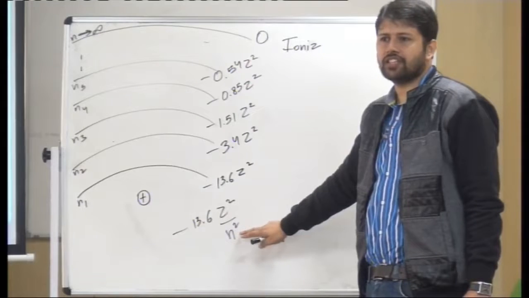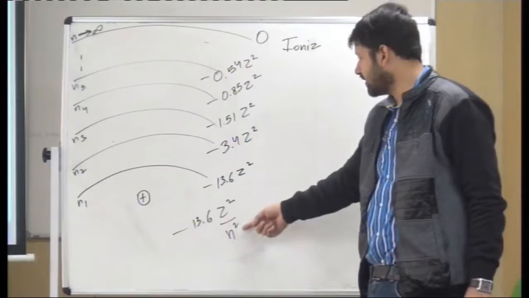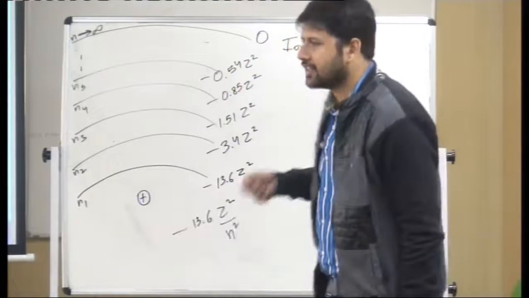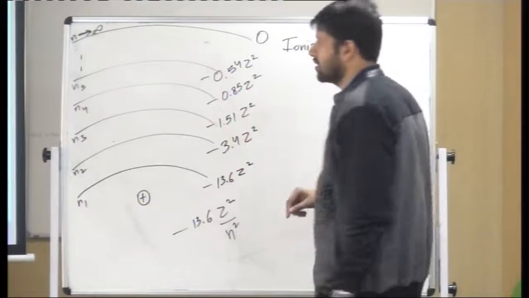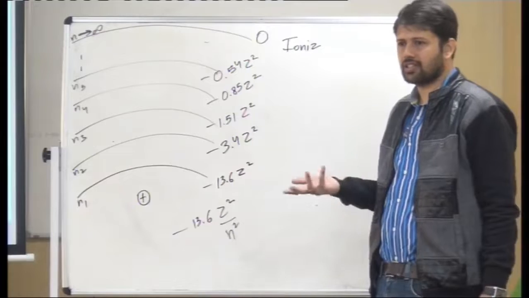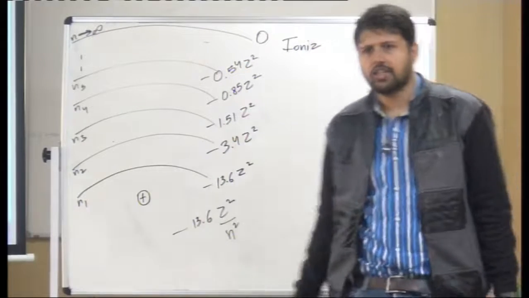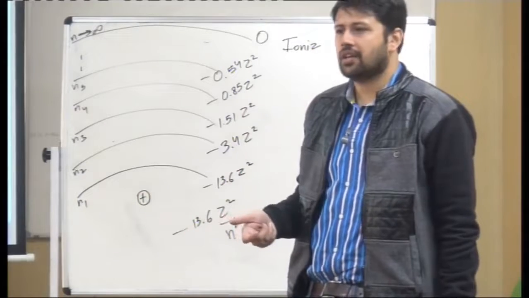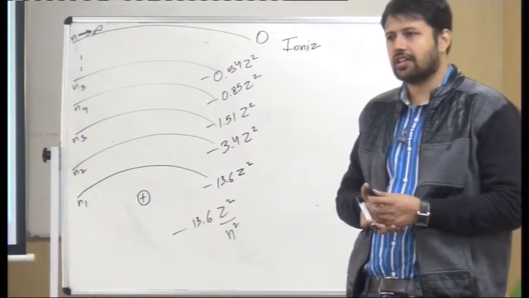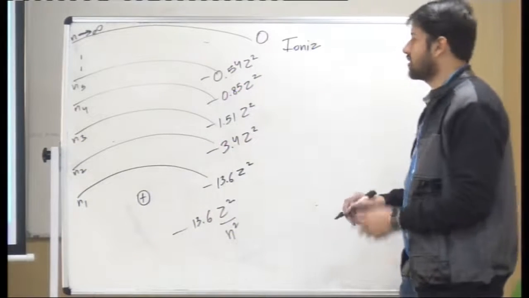As values of n increase, the decrease in energy becomes smaller and smaller, right? Just put the values here and you can check: at first they change very rapidly, then later on they change very little.